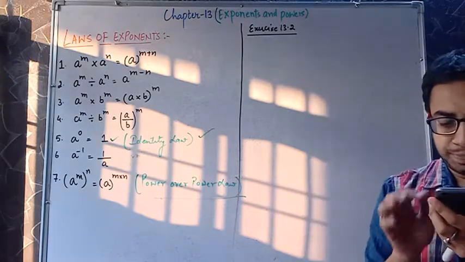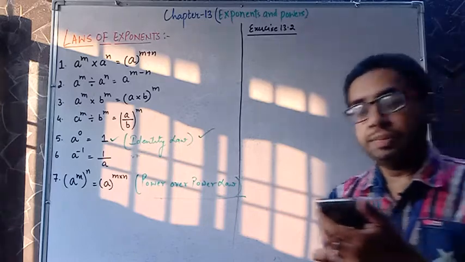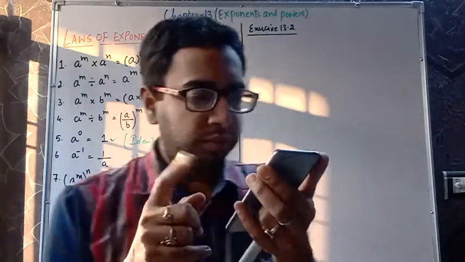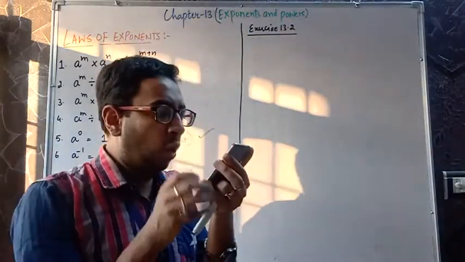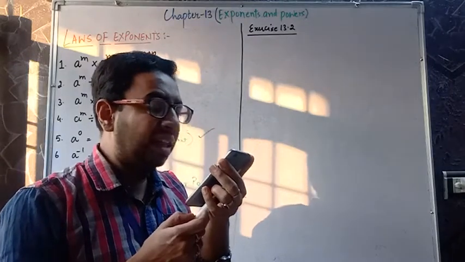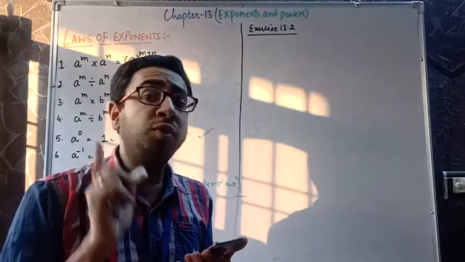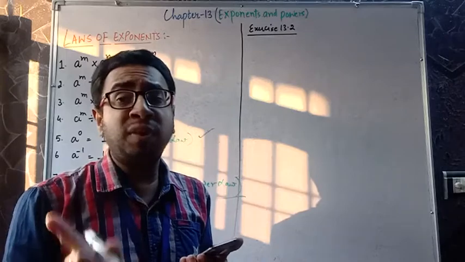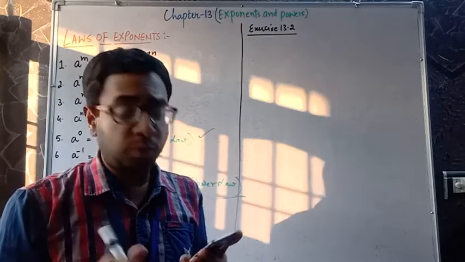Very important. First question: using laws of exponents, simplify and write the answers in exponential form. We have to use the laws, and after simplification we have to write in exponential form only.